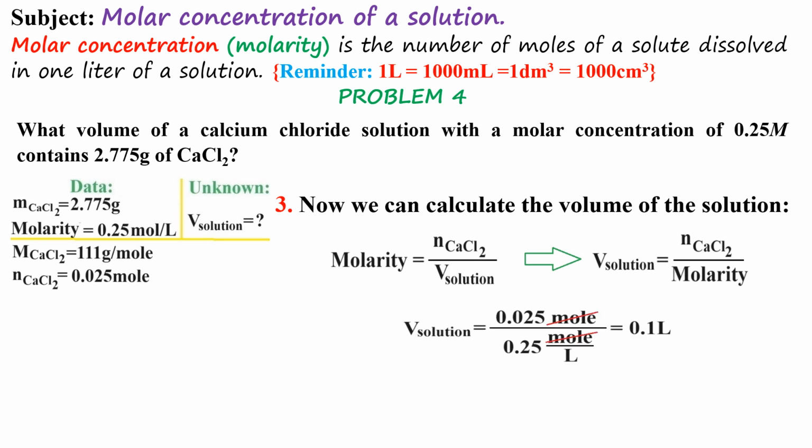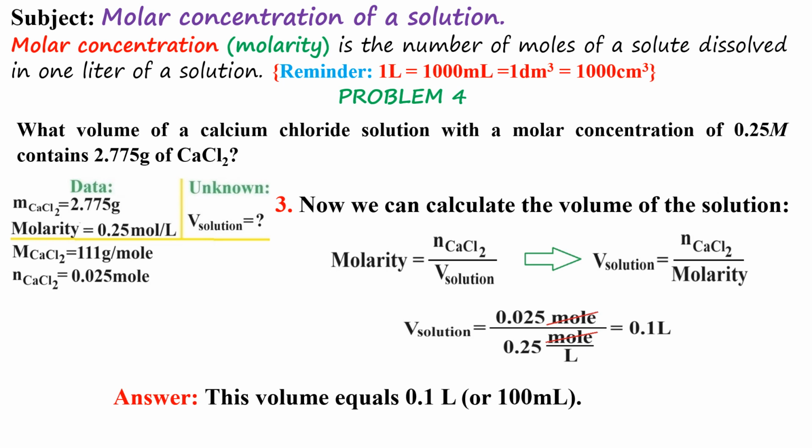In our case, it is 0.025 mole divided by 0.25 mole per liter. We can see that the moles cancel out here and we get the result in liters. The answer for this problem is: the volume equals 0.1 liter.